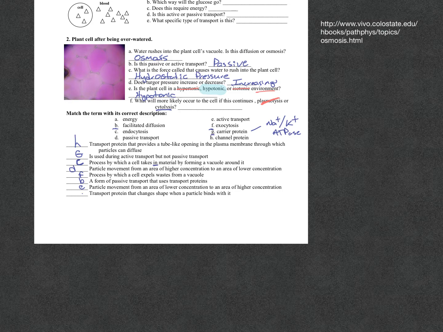Again, there we'd have to use G again. All right, so there's two G's, it looks like. So again, when you're talking about a carrier protein, like a sodium potassium ATPase pump, it usually is some form of active transport, from low to high. And remember, they change shape, and that's how they carry the molecules across the membrane.